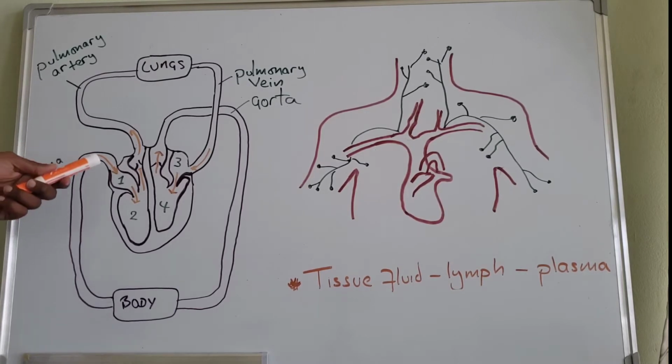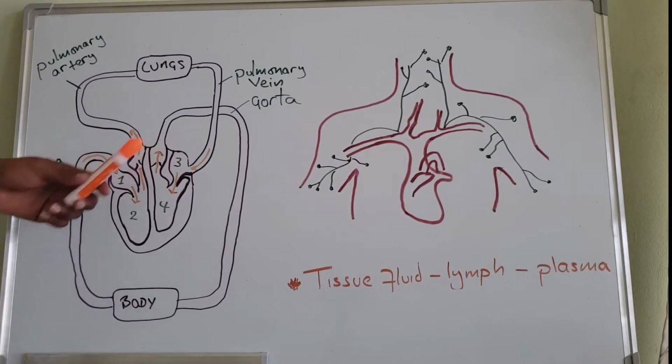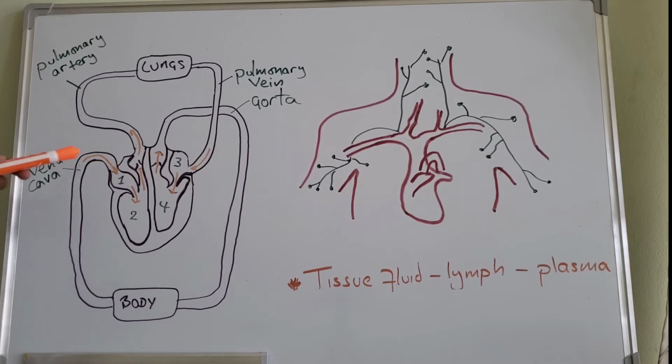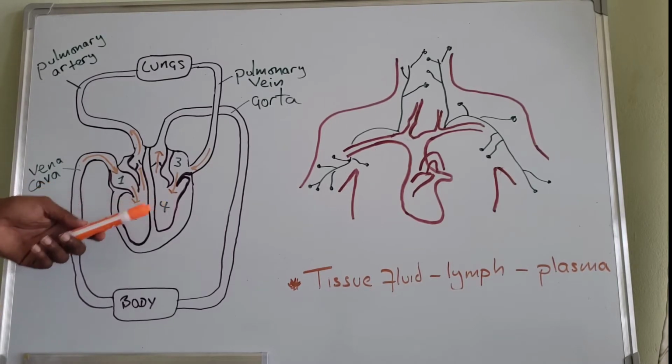I've numbered them there: 1, 2, 3, 4. The top 2 chambers are the right and left atria, and the 2 bottom chambers are the right and left ventricles.